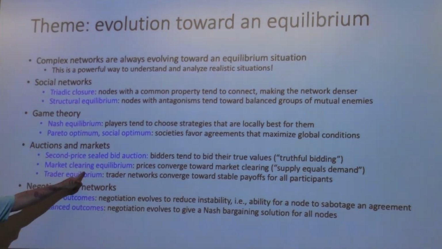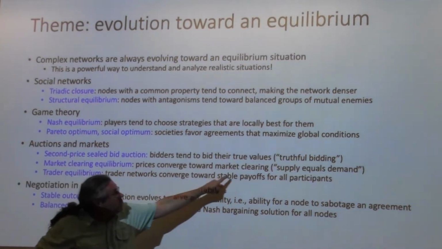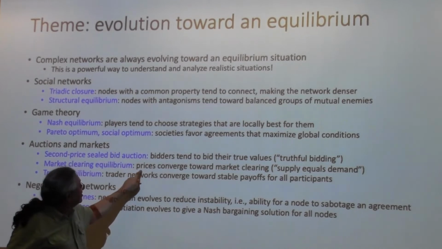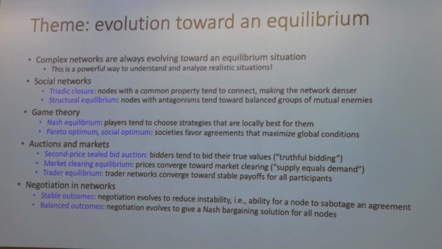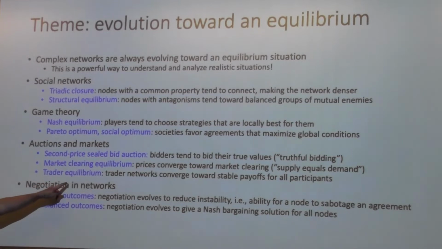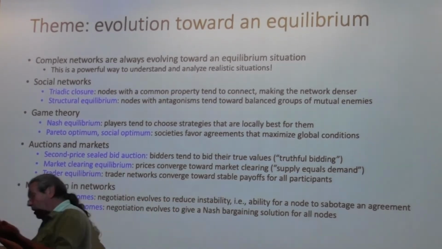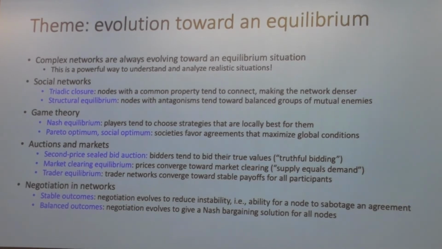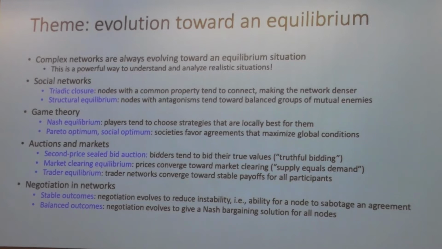Or market clearing: supply equals demand, so the prices will converge so that the sellers can sell and the buyers can buy. Or trader equilibrium, with traders and intermediaries, it converges depending on the monopoly or competition. There are always things that change.